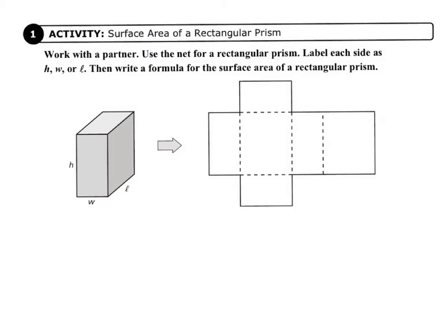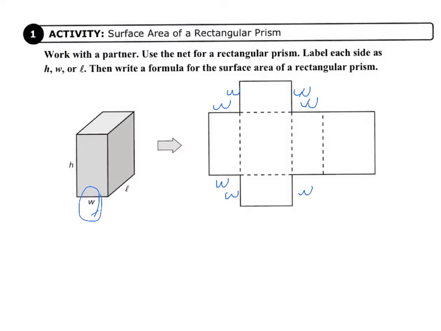So let's start by labeling our sides, and we can tell really easily that the short sides are the width. So we'll label those with W's. There's lots of them. And we have to label these in here also where you have the dashed line.